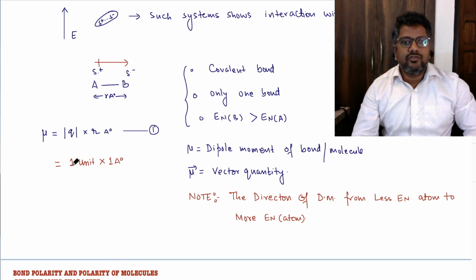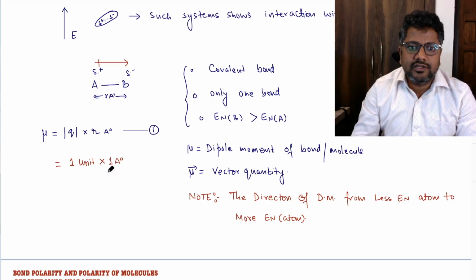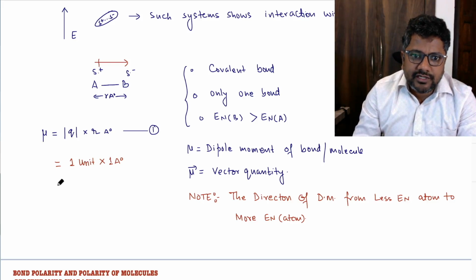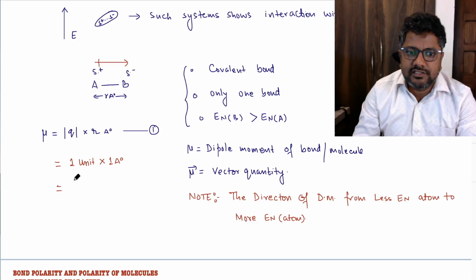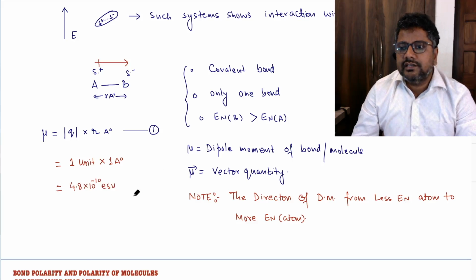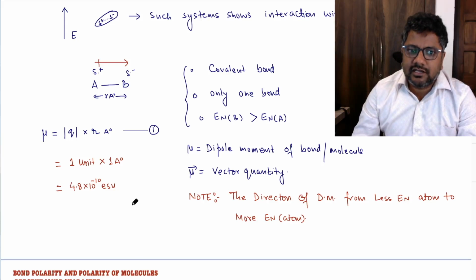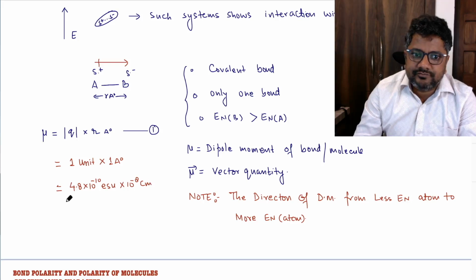In the CGS system, the magnitude of charge is 4.8 into 10 to the power minus 10 ESU, electrostatic unit, the unit of charge in CGS system, and 1 angstrom is equal to 10 to the power minus 8 centimeter.